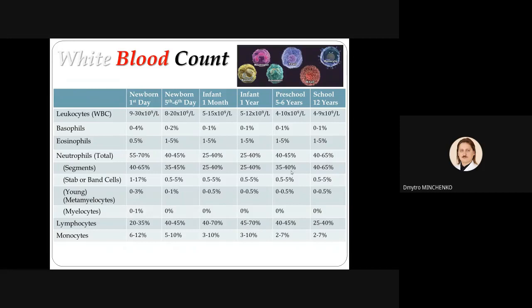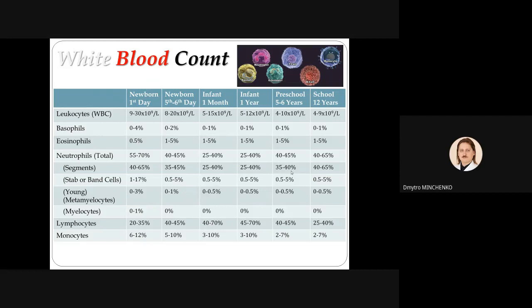And here we see the leukocytes, the WBC, the white blood cells, as being 9 to 30 on day one. Pretty high number considering, but this is mostly in relation due to non-specific stress response. Birth is stress, and the child manifests these high numbers mostly due to the neutrophils coming out of depot.